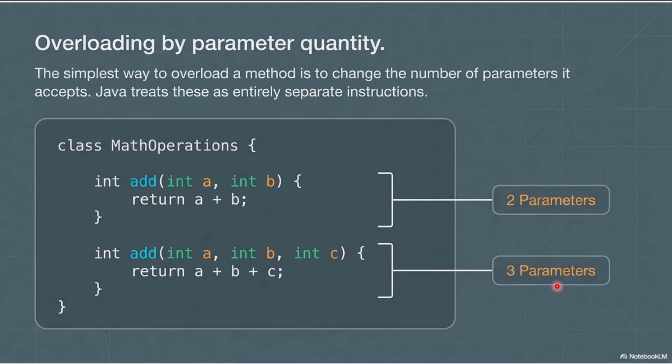So the number of parameters is different, right? So this is allowed, and during compile time only it is decided which method is to be called. Okay, so the first rule is the number of parameters should differ.